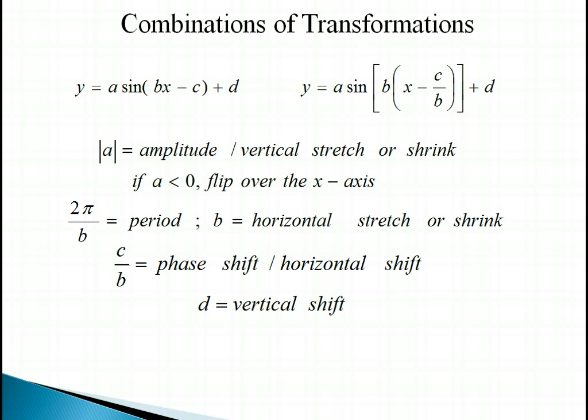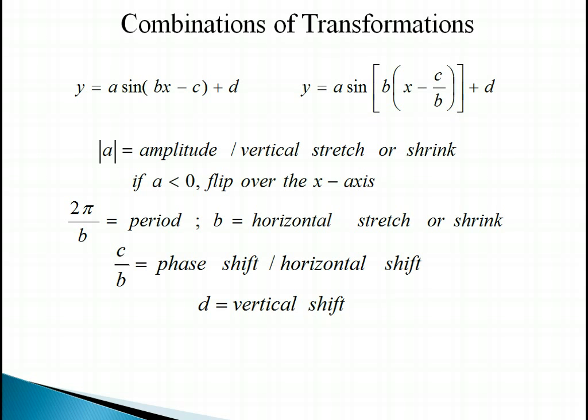You might also have a horizontal shift of the graph, moving it left or right. This is called a phase shift, and that's going to happen when you have a number subtracted or added to the x value. In this case, we have c as a number that's subtracted from it.